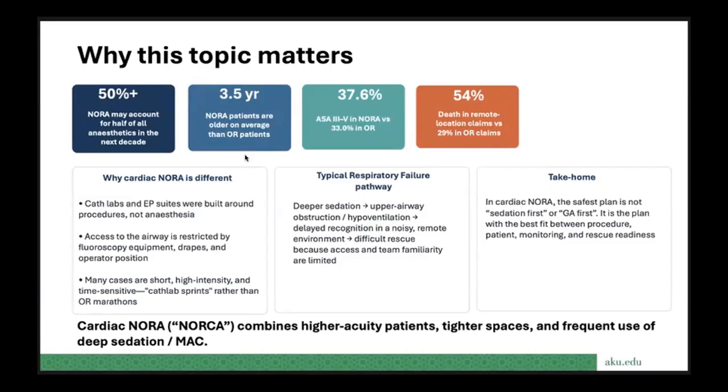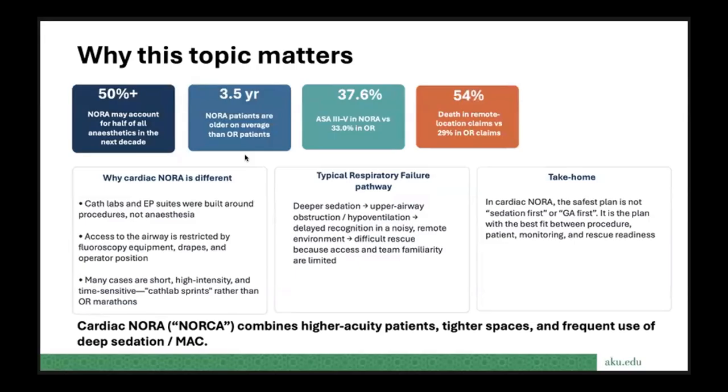They are frailer and have more comorbidities, with ASA 3 and 4 being about 37.6% as compared to the patients planned in the OR. So the environment is usually less forgiving for airway rescue. The literature suggests NORA may represent a very large population of future anesthesia workload.